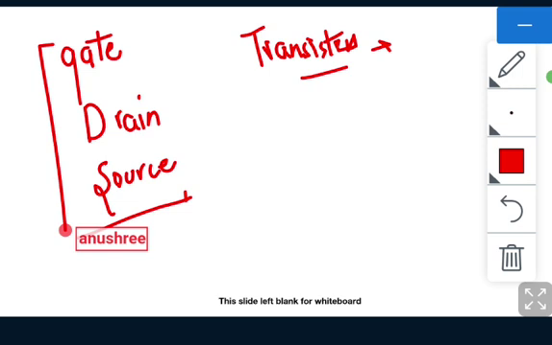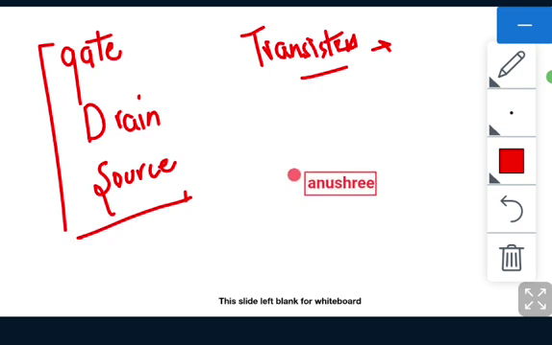And there is no current flow from the gate into the MOSFET. This is a new sentence. There is no current flow from the gate into the MOSFET.